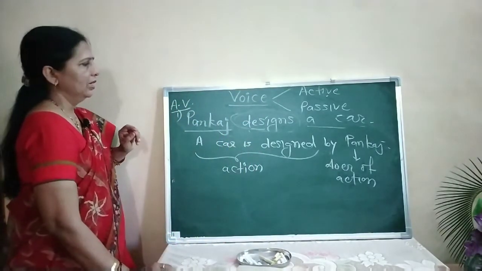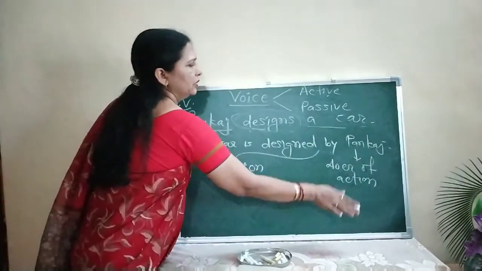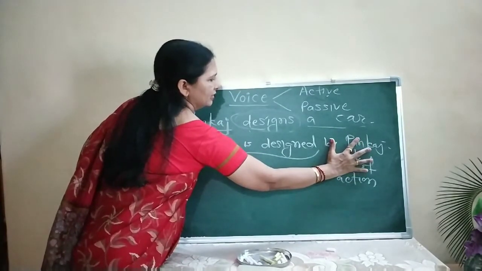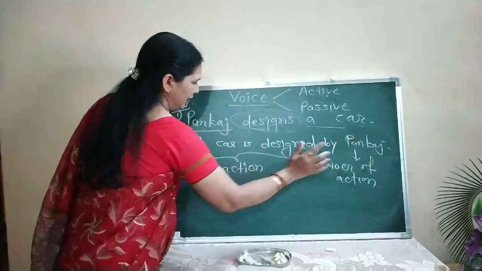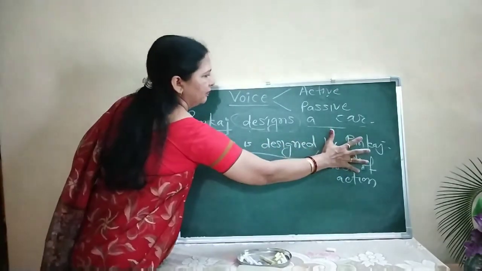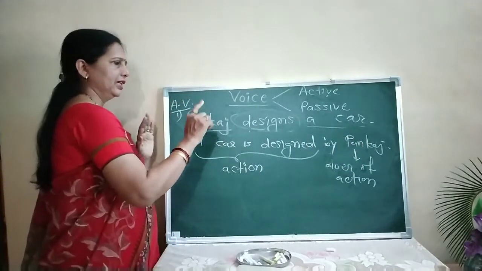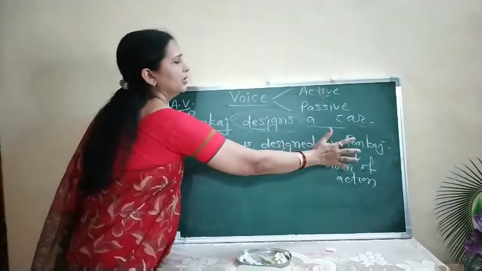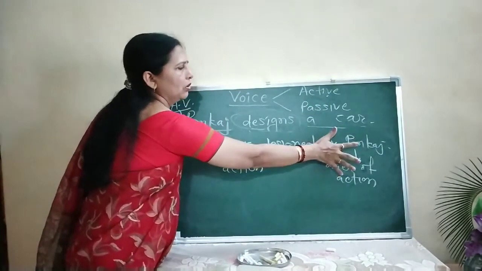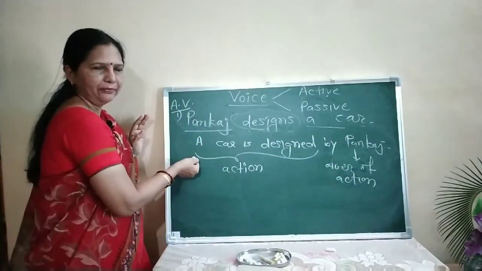आता बघा. Just for some time, you just forget this. Suppose by Pankaj is not there, and the sentence is only this much: A car is designed. काय अर्थ आहे या वाक्याचा? कार डिझाइन केल्या गेली. अर्थपूर्ण आहे की नाही? आहे. Means even if we omit the doer of the action, the remaining sentence is meaningful.